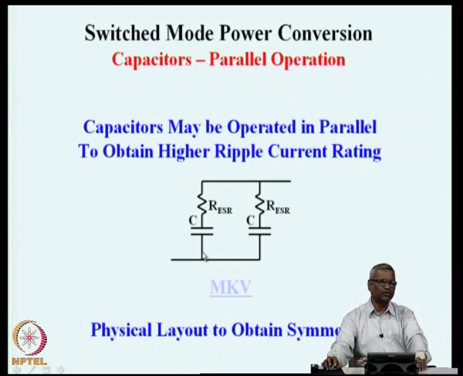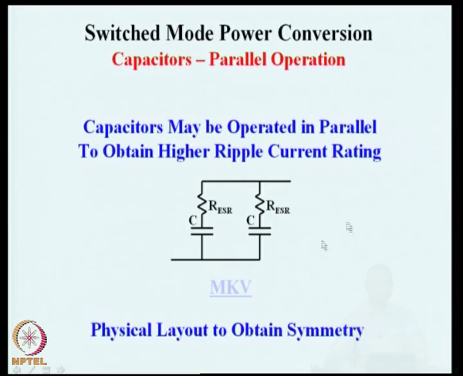This can give rise to problems. That is the reason when you connect them in parallel, the physical layout has to be done so that the symmetry is not lost. For example, we feed in from this point and feed out from this point. So this parasitic resistance and this parasitic resistance, one will come in series with this capacitor, one will come in series with that capacitor, so that both of them are equal.